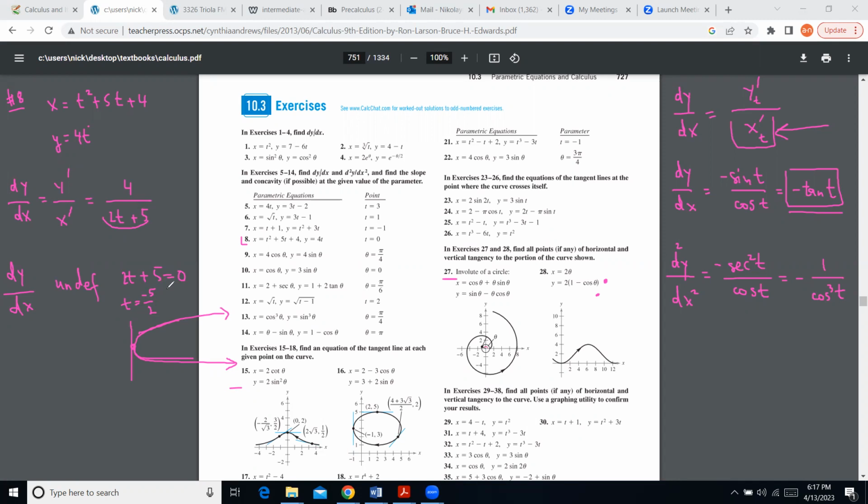So when t is equal to -5/2, what is the point that we have here? Well, let's find its coordinates when t is -5/2 or -2.5, whatever you prefer to use. For y, I get -2.5 times 4, which is -10. That's pretty straightforward.